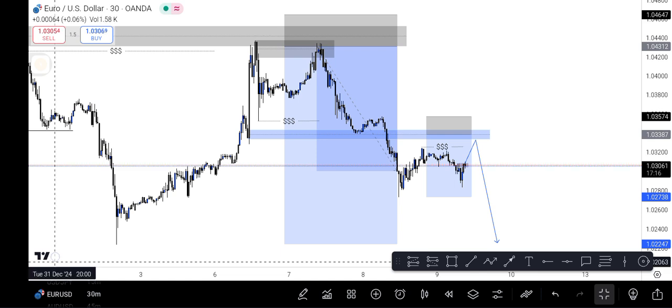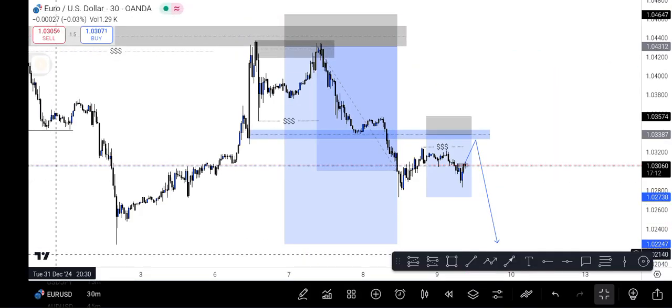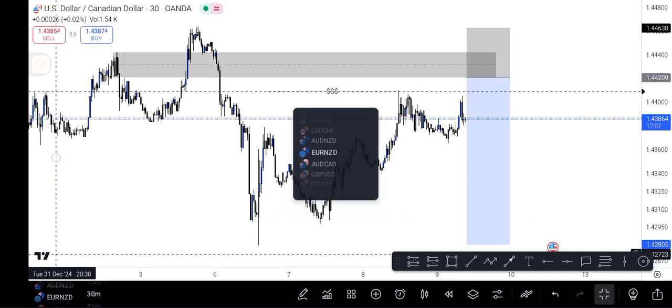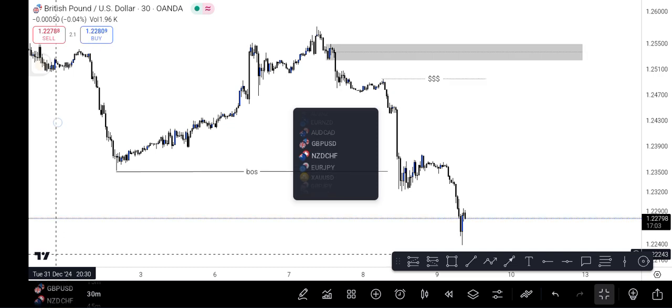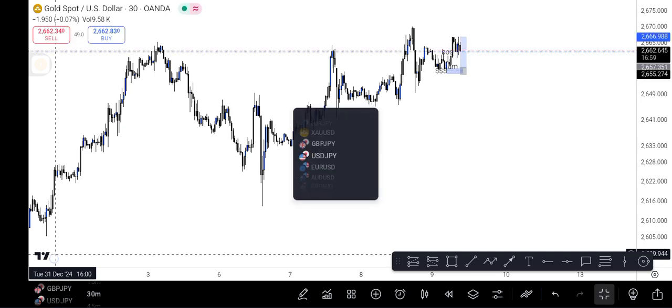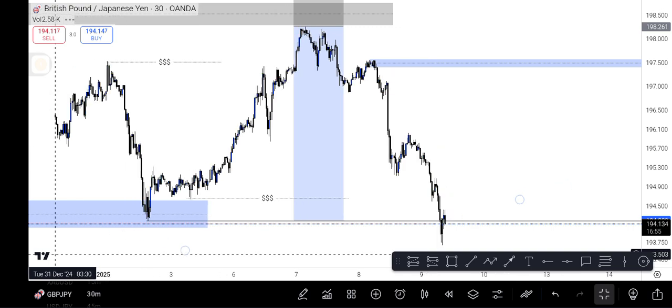Okay, let me show you the same entry model on GBPJPY. So you can see the same entry model on GBPJPY.